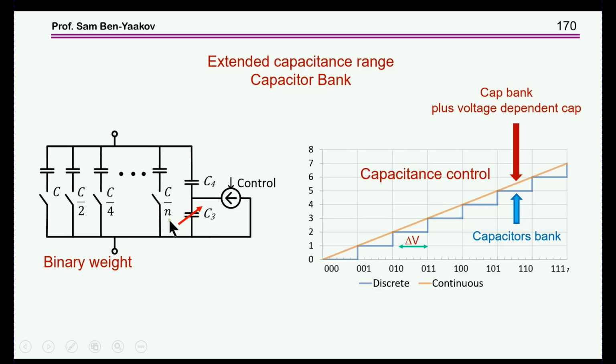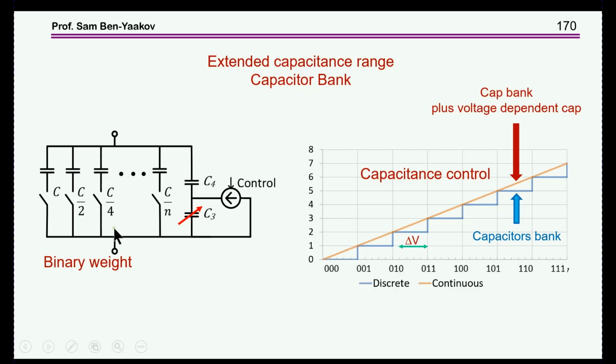Now, the bank of switched capacitors is something that was done earlier. There are some papers where people have used it. What's the downside here is that the resolution depends on the number of capacitors. If you want good resolution, you need many, many capacitors.